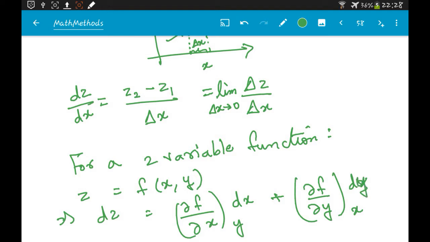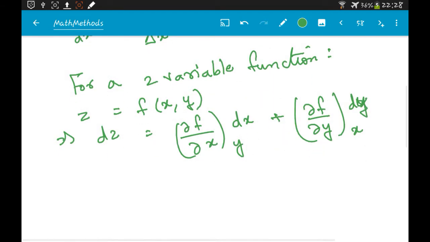What this means is that because z is a function of two variables, or here in this case if we assume that x and y are the coordinates in the coordinate system, then the slope of z will also have two directions, one in the x direction and one in the y direction, and that is what is represented by the total differential.